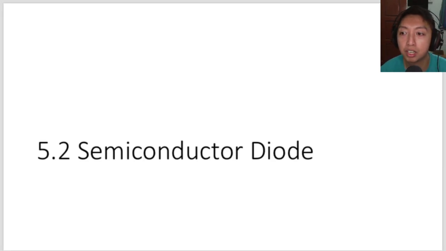Okay, so semiconductor diode. Just quickly from where we left off last week, we looked into the phenomenon of thermionic emission, where we complete a circuit using a thermionic diode. In a thermionic diode, there is actually no conductor inside.